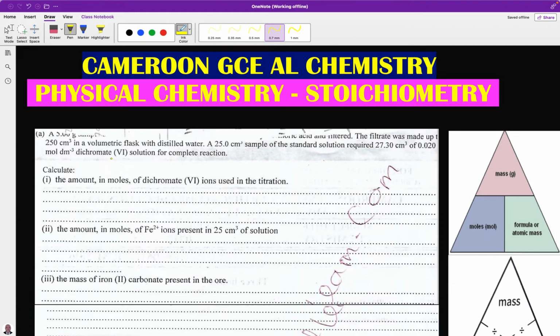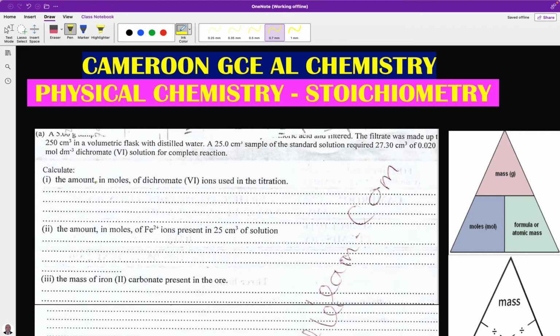Again, the volume of the dichromate has also been given. They said 25.0 cm cube sample of the standard solution required 27.30 cm cube of 0.020 mole per dm cube dichromate. We have been given the volume of the dichromate that was used up in the titration that reacted with the analyte. Now we have the concentration of it.